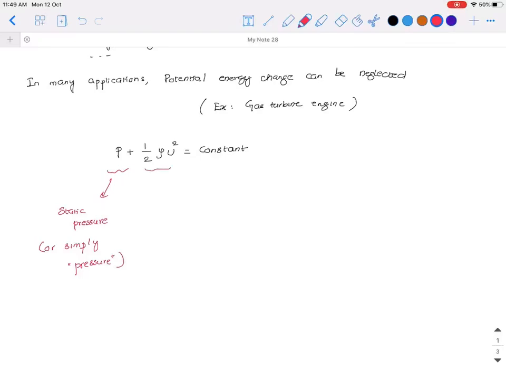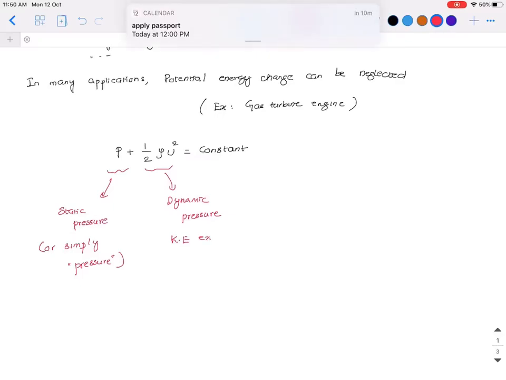The second one is called dynamic pressure. It is not actually pressure, but kinetic energy expressed in the unit of pressure.